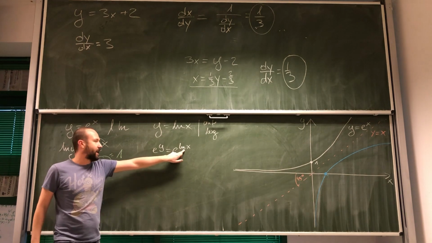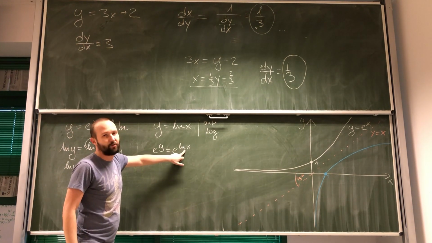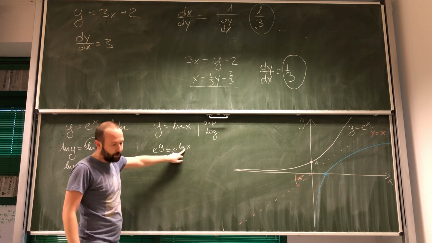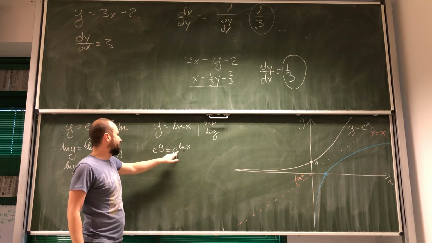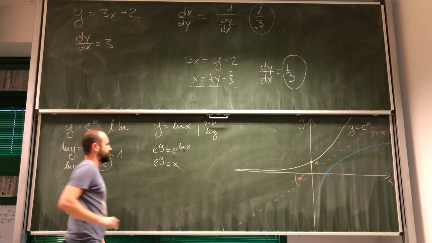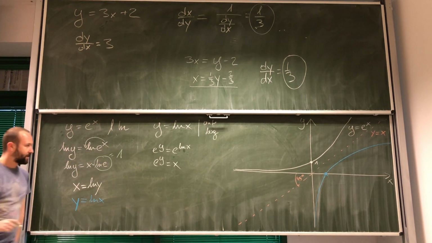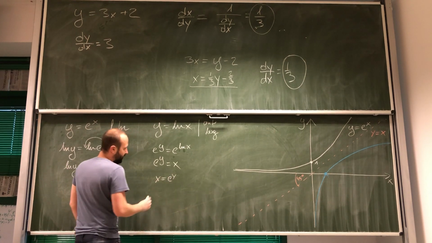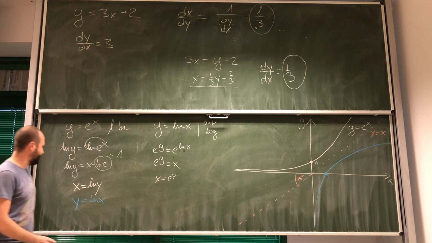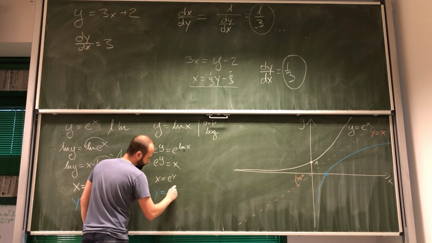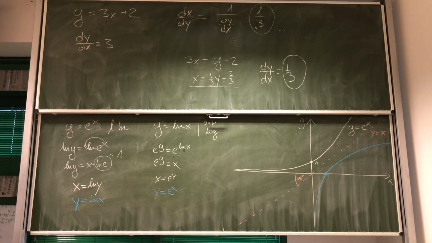Logarithm is answering me a question here: to which power I need to take e in order to get x? I'm taking e to this power. So this is x. And we get that x equals e to the power of y. Or, again, if I change the names, y equals e to the power of x.